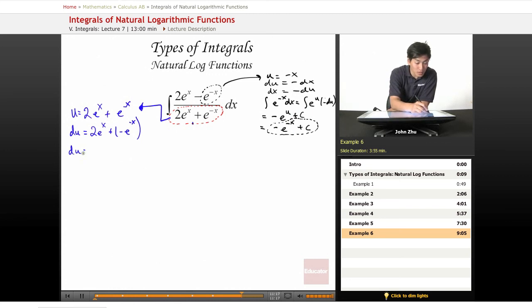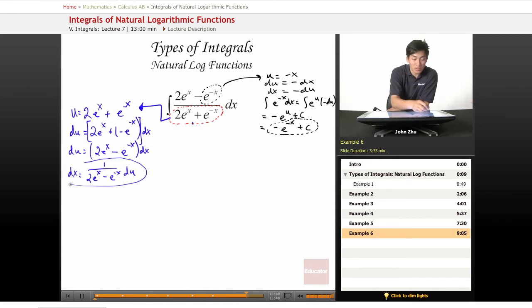So then du equals 2e to the x minus e to the negative x dx. Then we know that dx equals 1 over all of that, 2e to the x minus e to the negative x du. So we have this substitution.